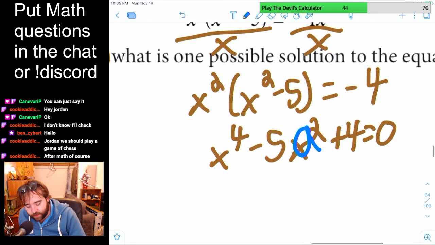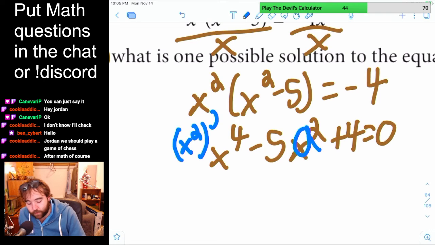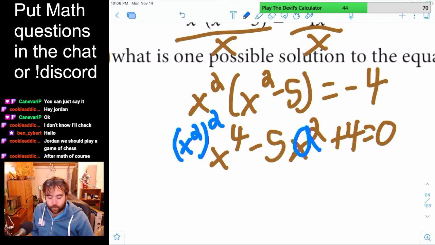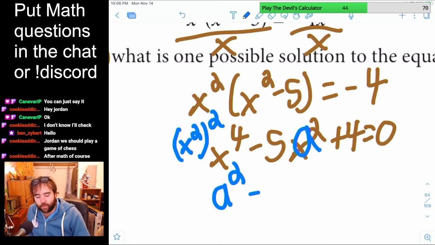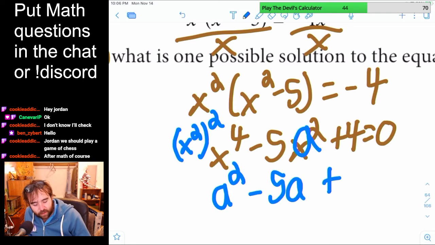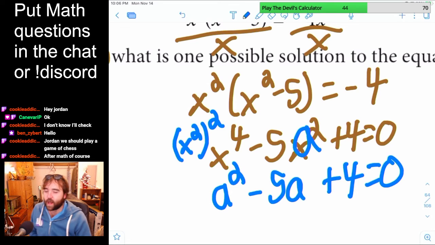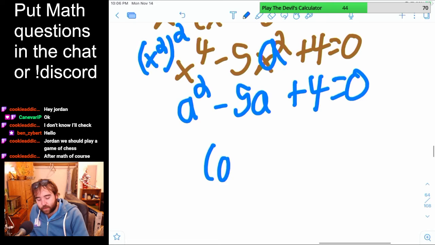Because what this is right here, x to the 4th, is x squared, squared. So then this is a squared. And that allows us to look at our equation like this. And now we can just factor this like it was just an x. So that's a minus 1, a minus 4.